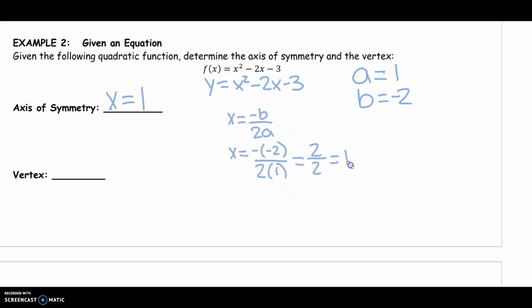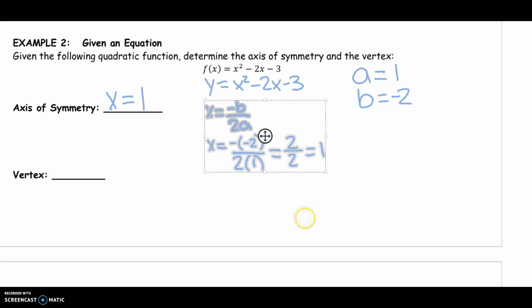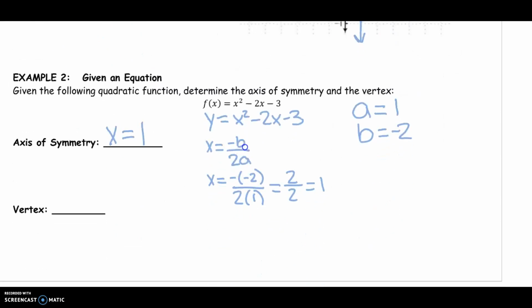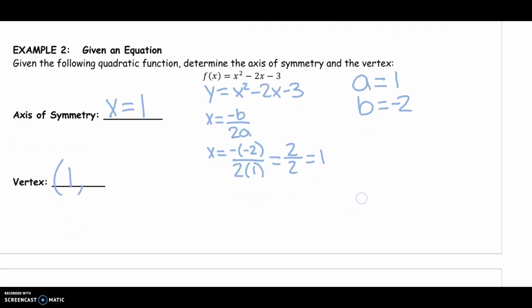Now, how can we find the vertex? So remember that we just discussed that the vertex has the x value of the axis of symmetry. So I know that my vertex is going to occur when x equals 1, and I just need to find the y value. Remember that the y value is just our output for this function. So all I have to do is use my equation and substitute in x equals 1 into my equation.